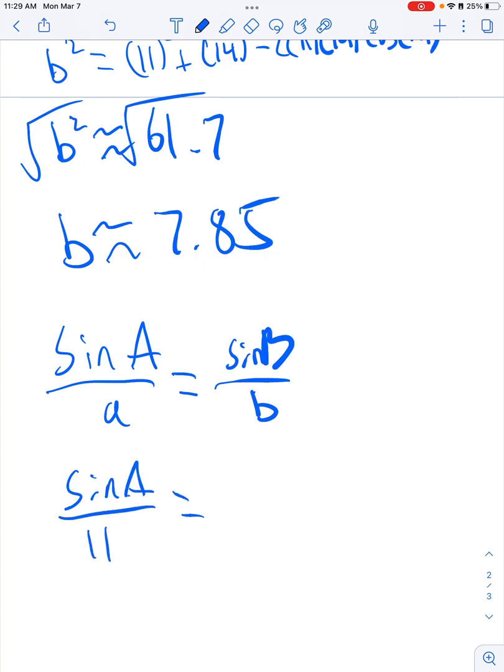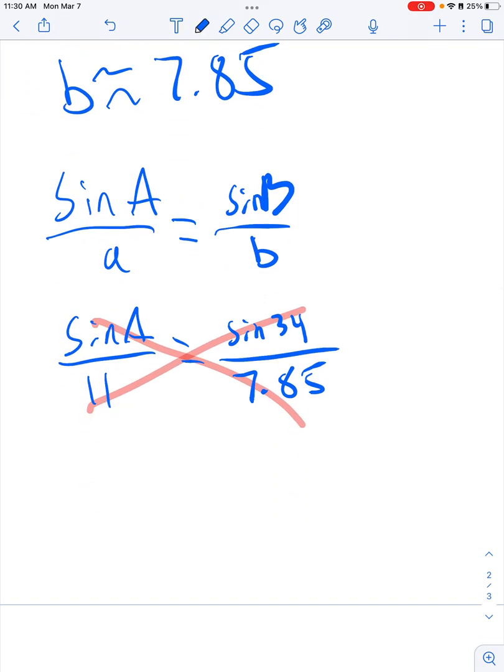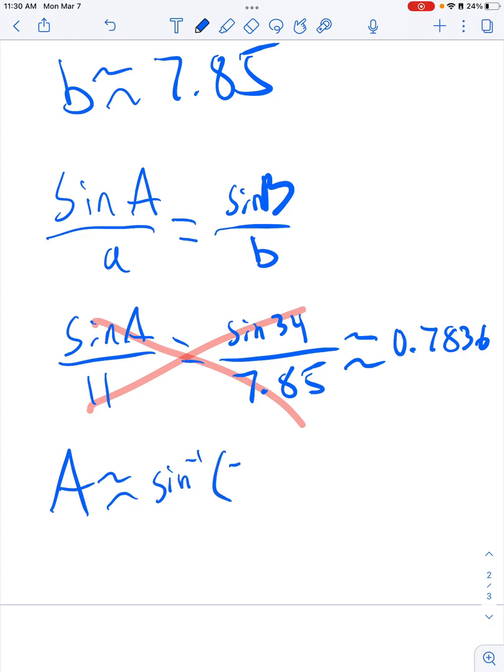Plugging in what I know, I want to find A. Cross multiply. You end up getting approximately 0.7836. I'd say 4 decimals is good, but remember, that's not our final answer. We need to find the inverse because that's how we get our degrees.